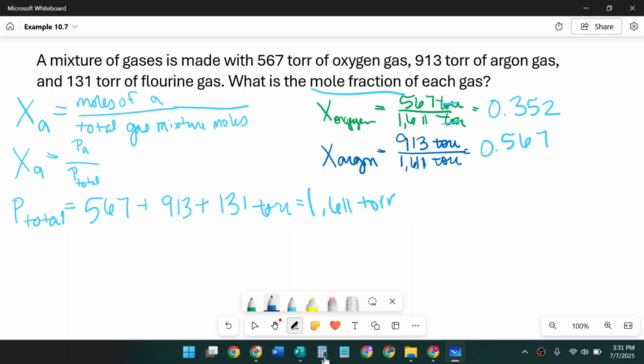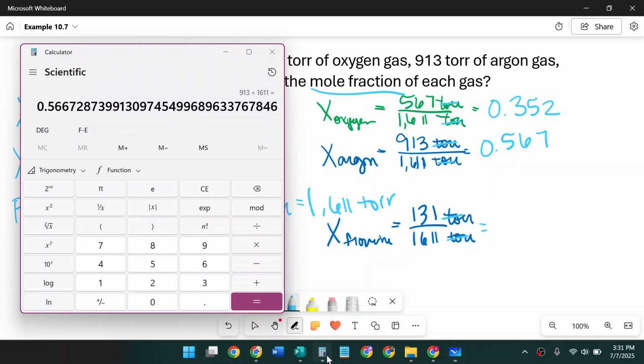I'm going to go down below to do fluorine because we've run out of room. For fluorine we have 131 divided by 1611. Those are both in torr, and so our units cancel just like they have before. We're going to keep 3 significant figures.